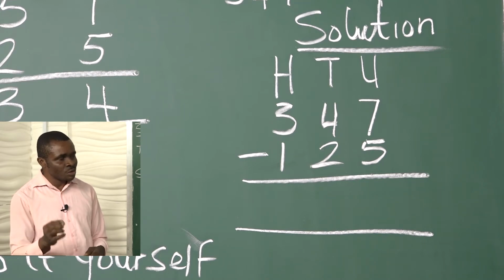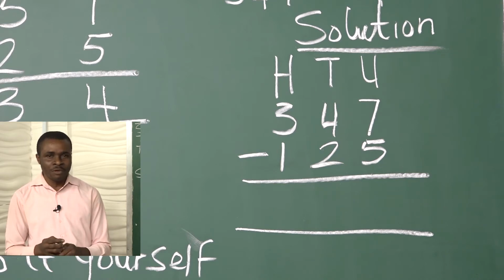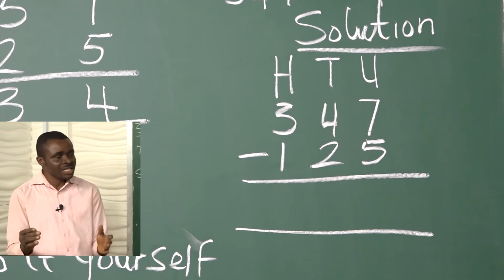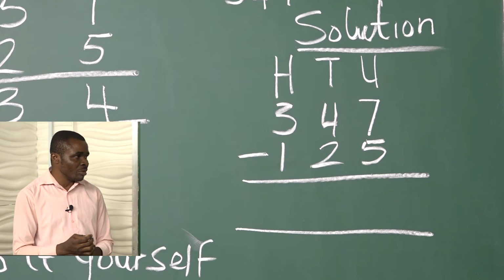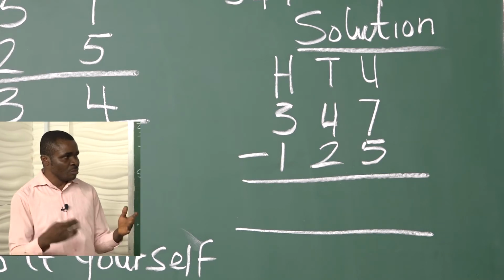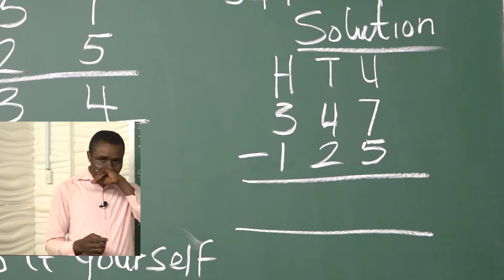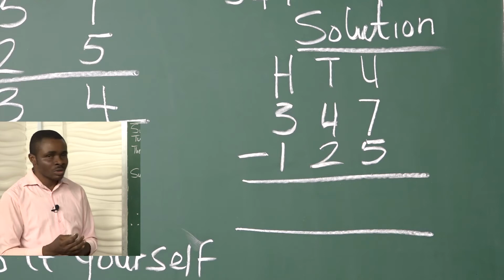That means your 5 should be under 7, your 2 under 4, and your 1 under 3. If you arrange it this way, doing the subtraction will not be a problem. But if you put the 125 first before the 347, you are going to have a problem. Making the right arrangement will lead you to the right answer.